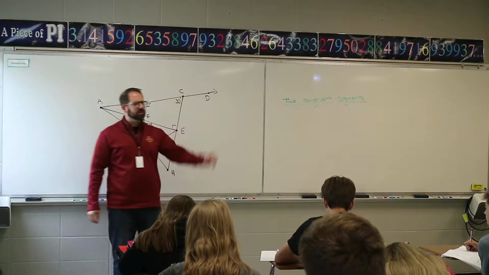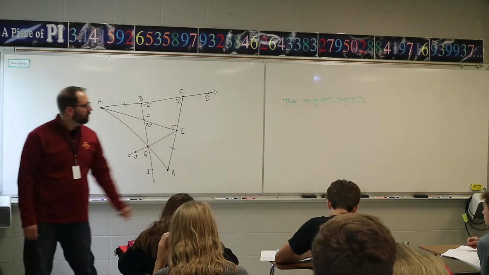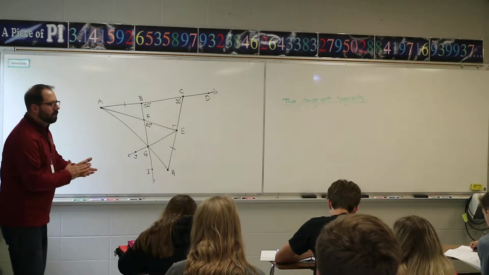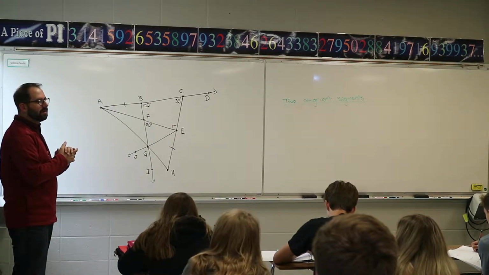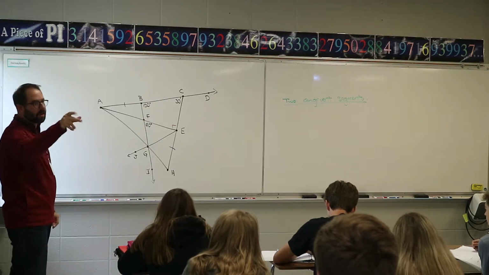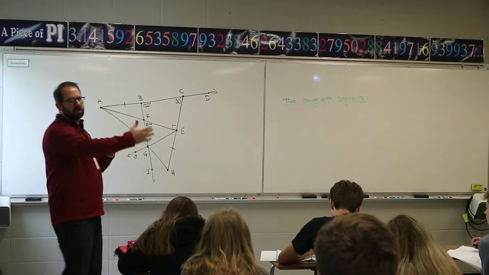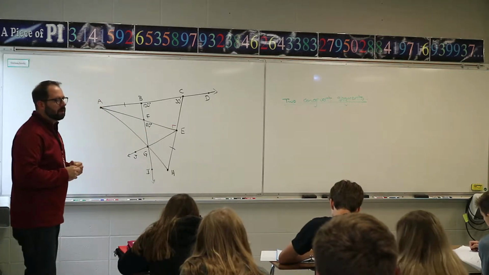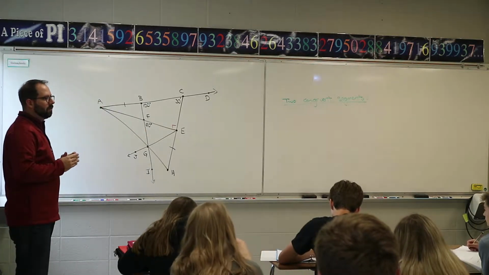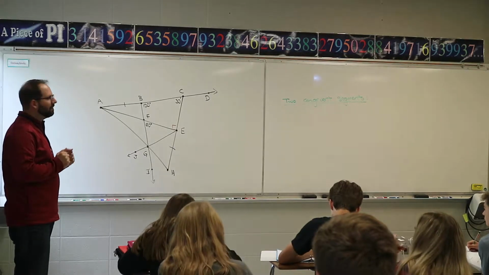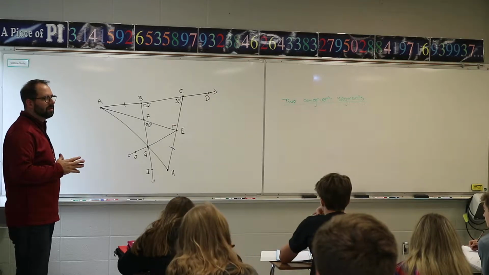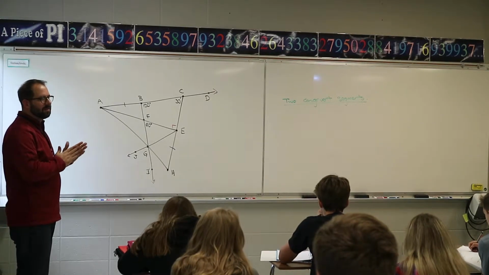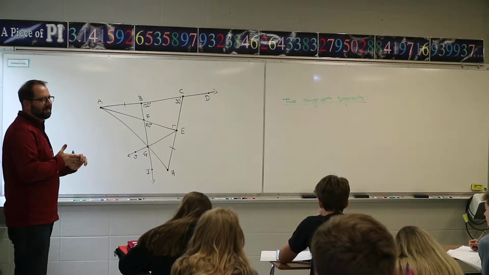So I'll start with the obvious. What does the word congruent mean? Congruent. Things are congruent to each other. They are equal. They're the same. What are segments? What do you think? What do they look like? Brian, you want to say it?